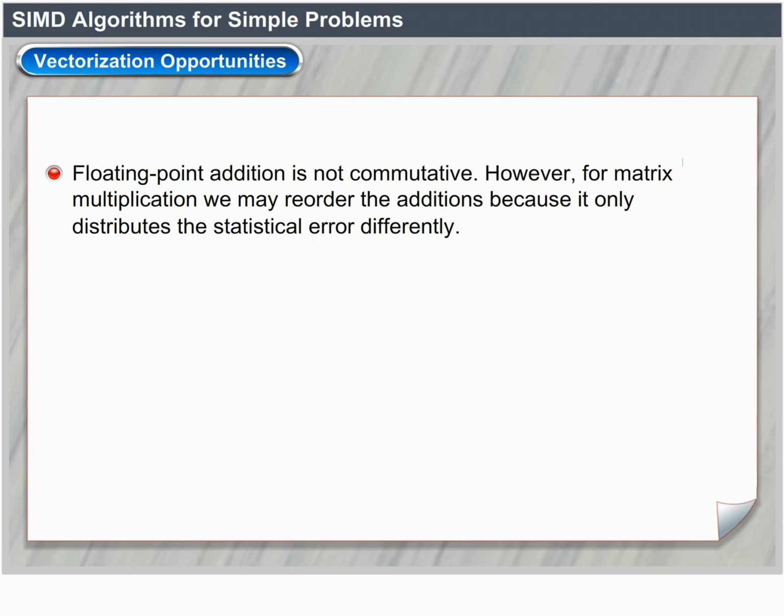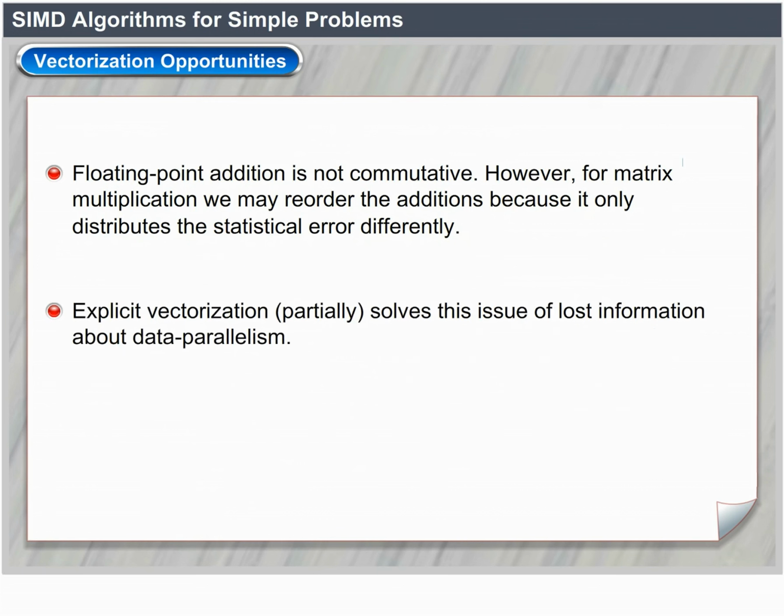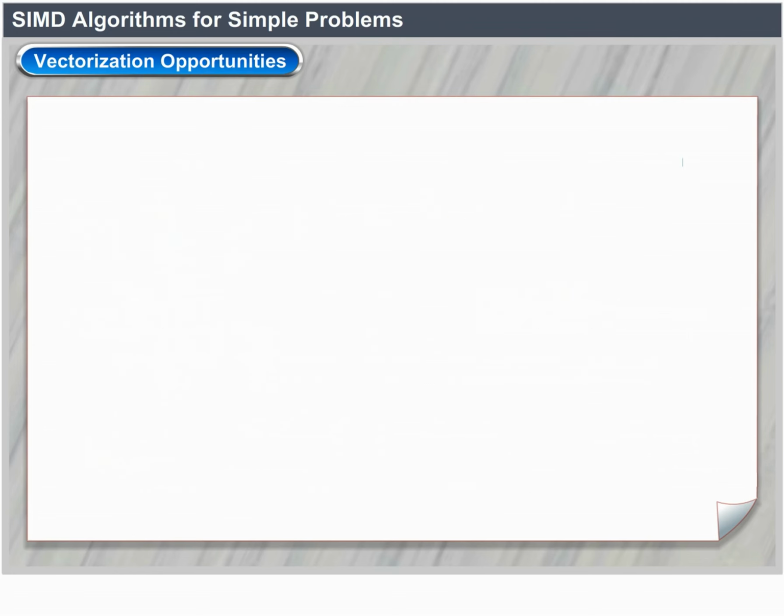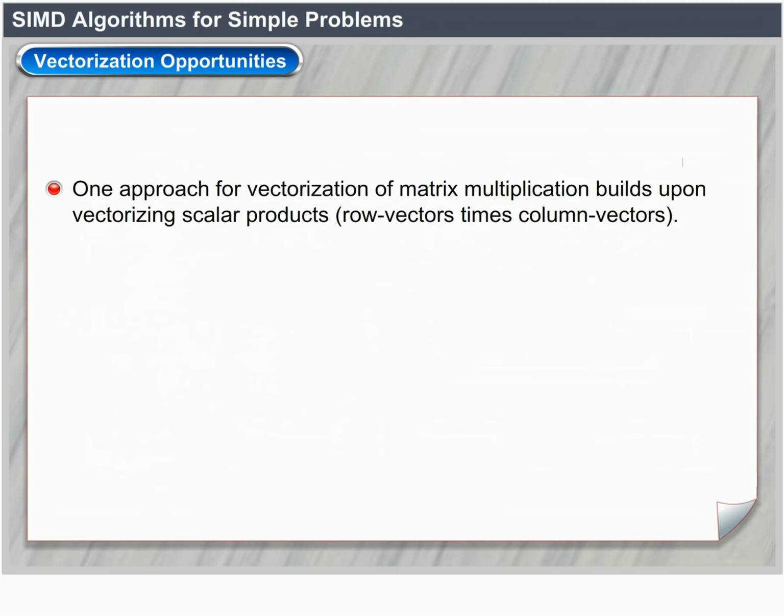Explicit vectorization partially solves this issue of lost information about data parallelism. Explicit vectorization can either be expressed via loops with vector semantics or types with data parallel operations. One approach for vectorization of matrix multiplication builds upon vectorizing scalar products, row vectors times column vectors.